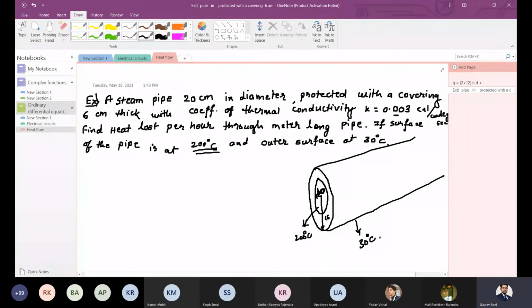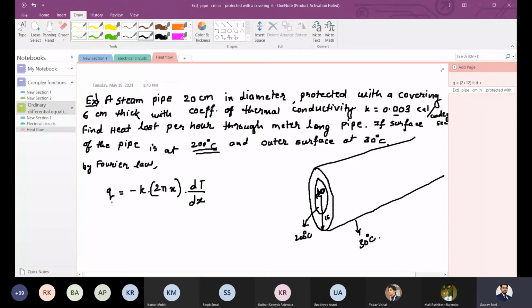By Fourier's law, Q is equal to minus K 2 pi x dt by dx.